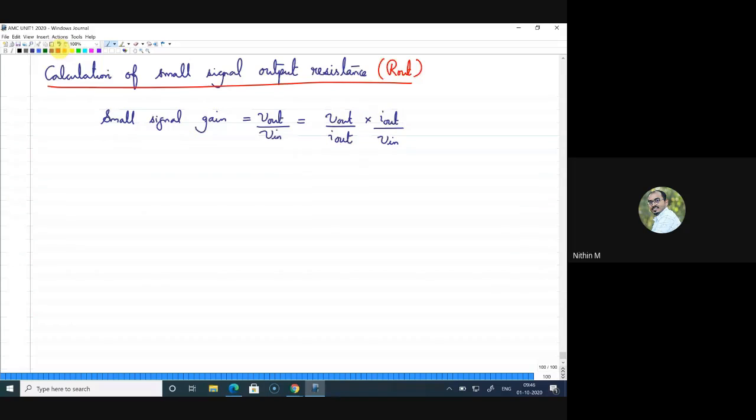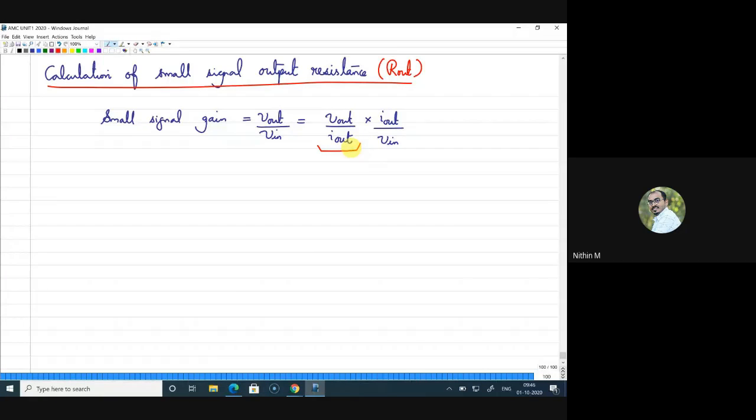Now, if you look at V out by I out, how can I call this ratio? It is V by I. Since it is V by I, it is resistance. Since it is measured at the output, with output voltage and output current, this can be called R out. Similarly, this ratio is I by V, so it is conductance. One quantity, the current, is measured at the output and the voltage at the input, so that is a transconductance.